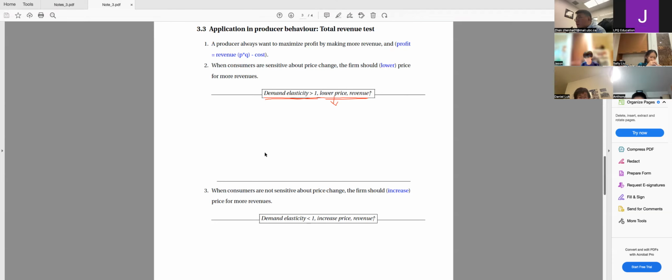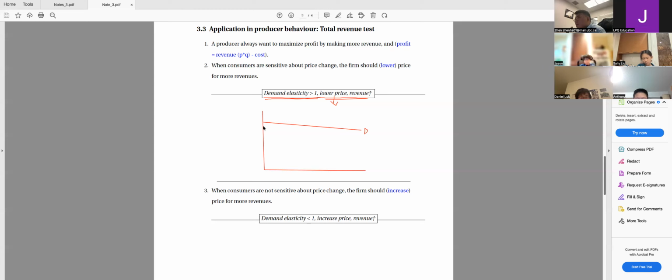Let's draw a graph here to prove that what I said is right. When ED is greater than 1, the demand curve is a flatter curve.